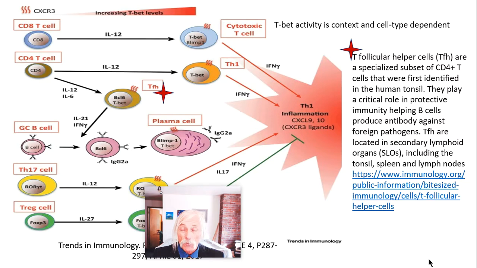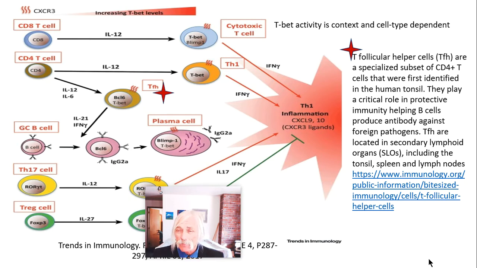Well, that would remove your production of T follicular helper cells. So that's probably something that wasn't understood as a byproduct of the removal of tonsils at the time. At any rate, that's when they were first identified, and they play a critical role.